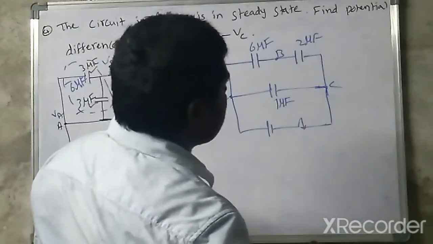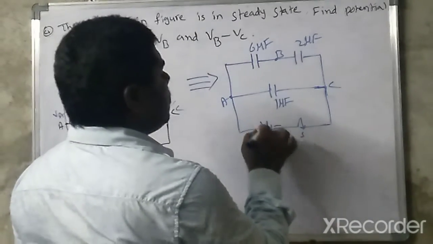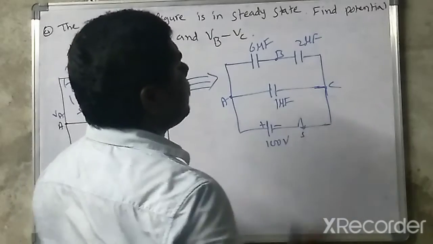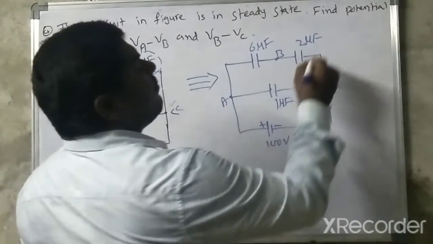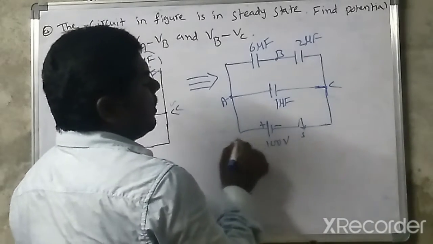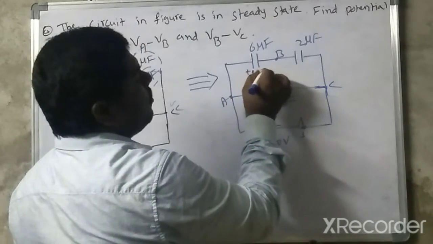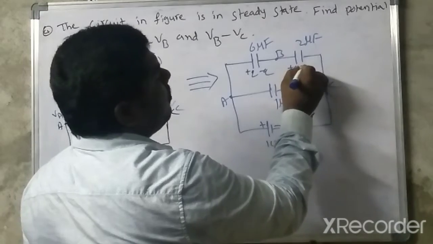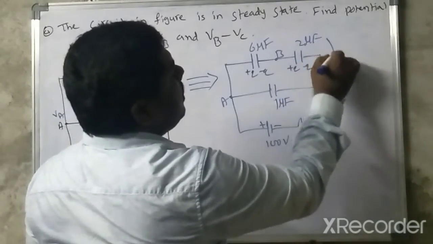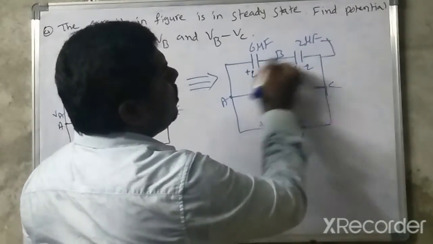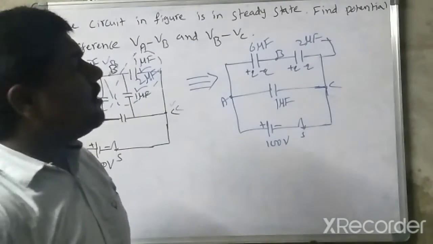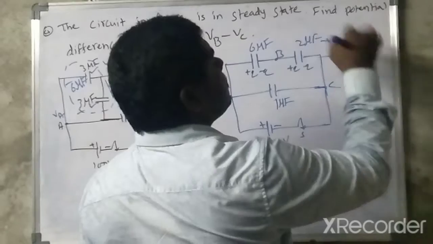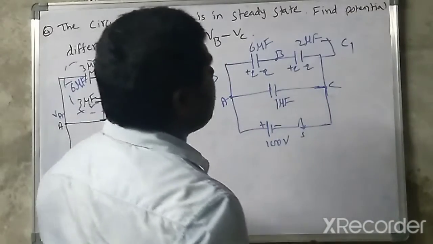In between this one they are asking; here the switch, here the 100 volt. When the battery terminal is connected, this is the positive Q, negative Q, positive Q, negative Q. Because in this area, in the upper branch, the equivalent capacitor is considered as C1.